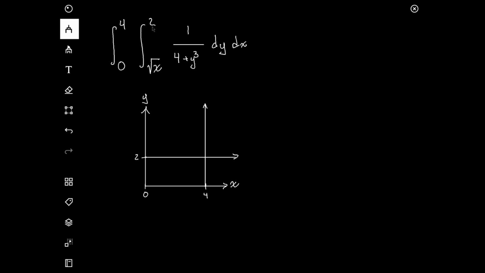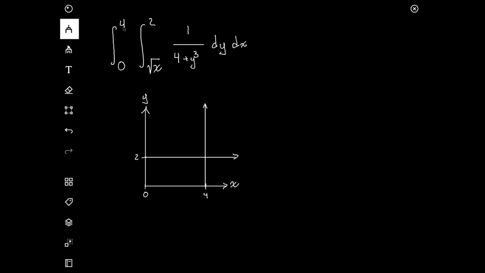All right. Now we have one left to draw, which is square root of x. What does this mean? Well, y is bounded by 2 and the square root of x. Let's look at x's bounds. X is bounded by 0 and 4. But these are actually equations for lines.